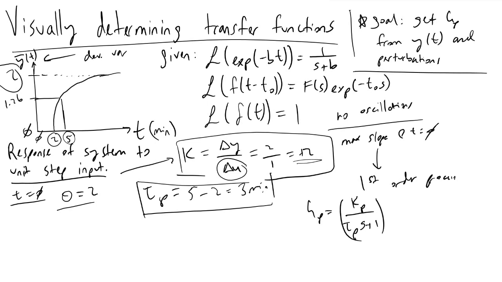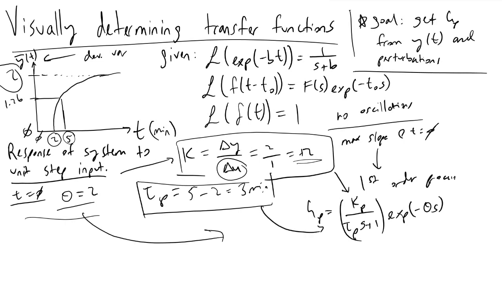And in addition to that, because we had a delay, because our output responded 2 seconds after we changed our input, we include this exponential term e to the minus theta s, and this is where we can now plug in our values for our system that we've observed.